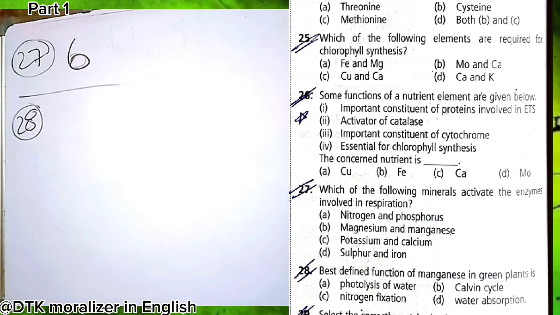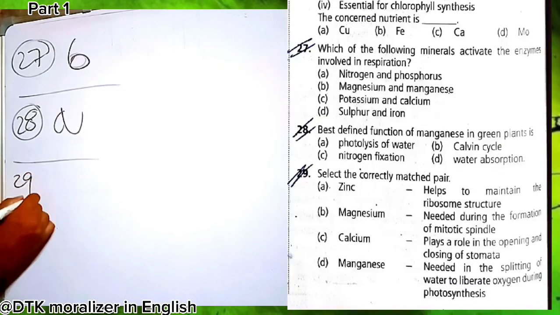Here, one of the functions of manganese is the photolysis of water. Option A. In photolysis, water splitting happens and oxygen evolution occurs. So option A.